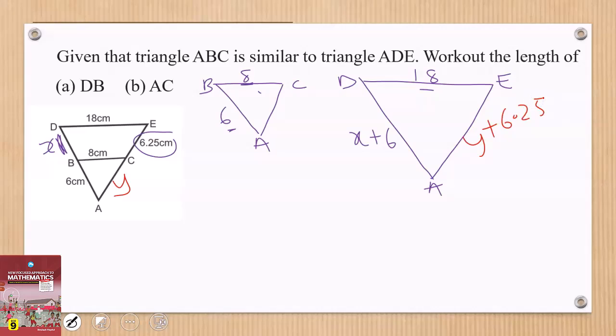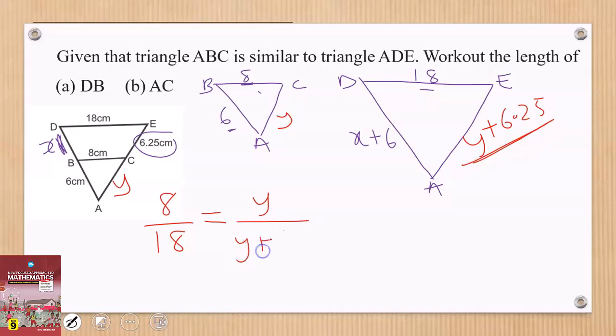And so again, we can say that if we pick 8 divided by 18, it should be equal to the side AC, which we call y, because AC is y here, over the AE, which is y plus 6.25.